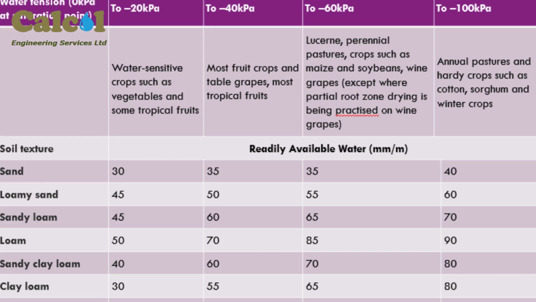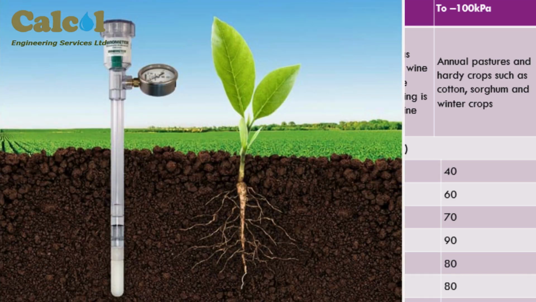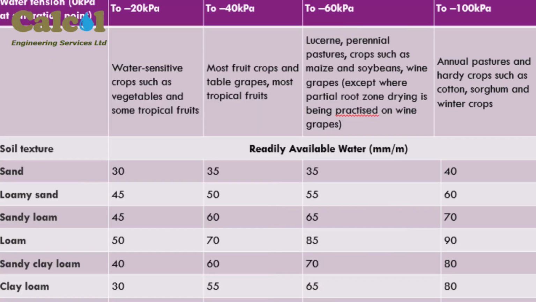Normally it is measured using a tensiometer. From the table you can also see soil textures, like sand, loamy sand, like that. So if, for example, you are dealing with a water sensitive crop like a vegetable, and you've identified that your soil is sand, and using a tensiometer you've measured that the soil tension is 20 kPa.